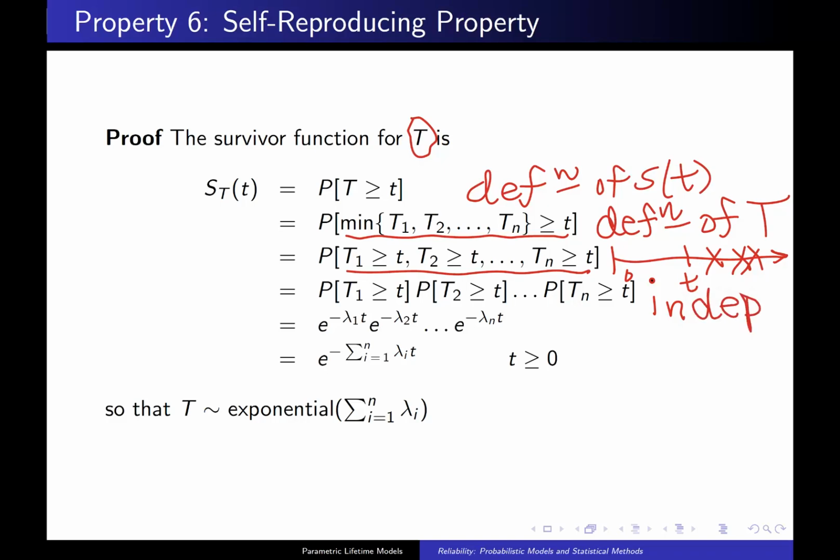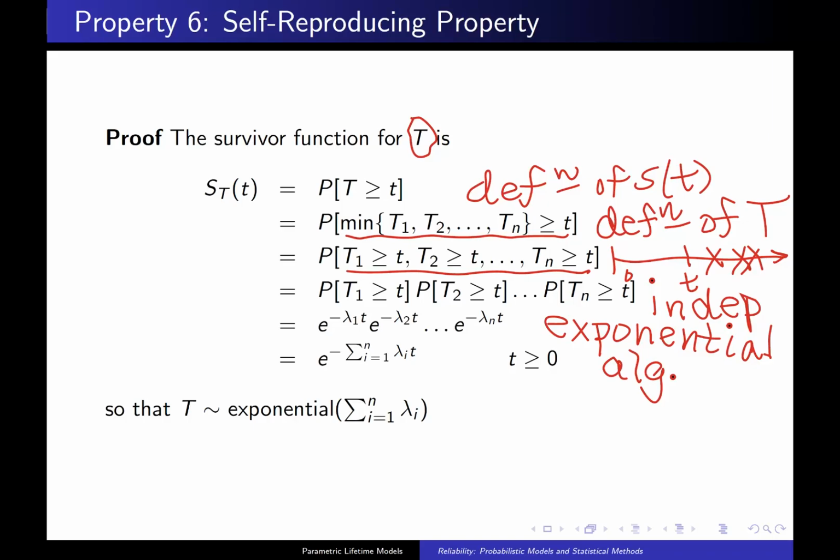Each one of those can be recognized as a survivor function. So what you do then is you say, what is the survivor function of an exponential random variable? And that survivor function will be e to the minus lambda 1 t, e to the minus lambda 2 t, etc. And finally, this last step here is just a little bit of algebra, which says like base, add exponents, and you get this quantity.